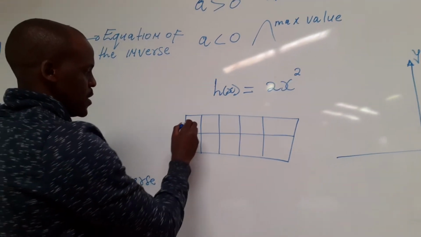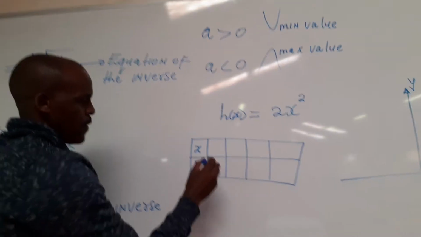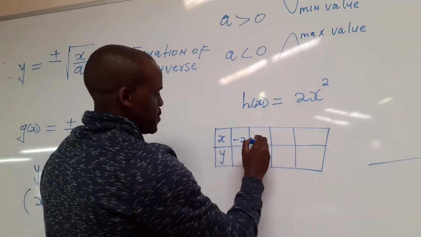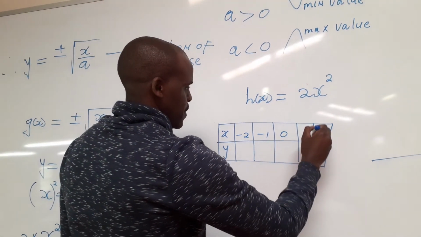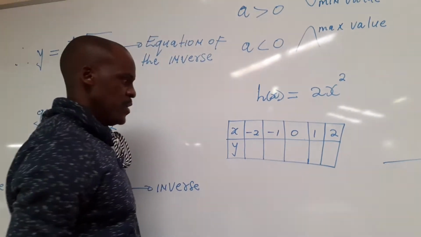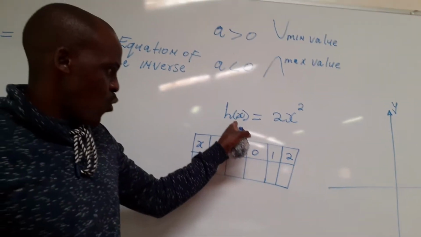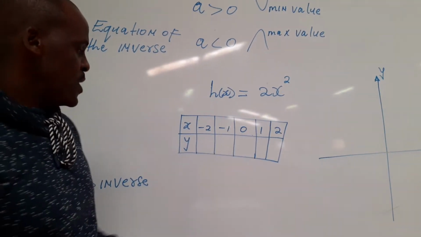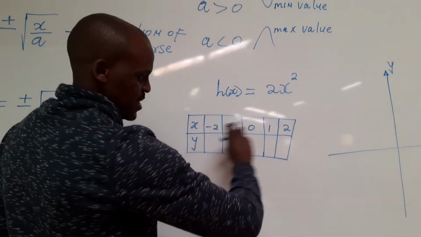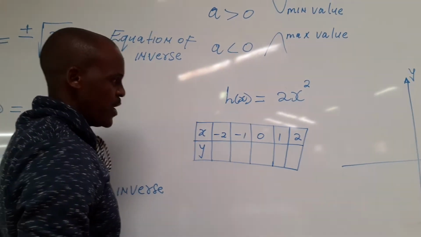It's x to y. Let's put -2, -1, 0, 1, 2. Remember that function, it's about what happens to y as x increases. That's the reason why we are writing numbers like that. X is increasing, we want to see what will happen to y.